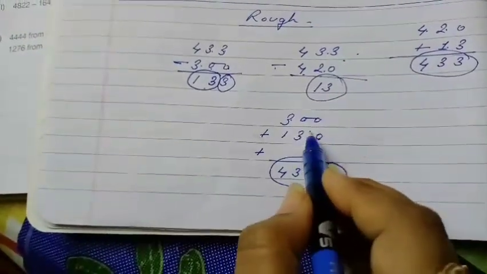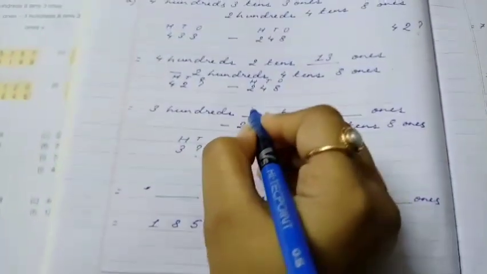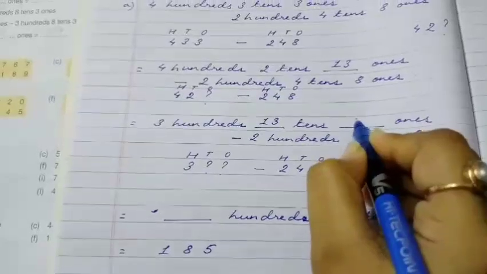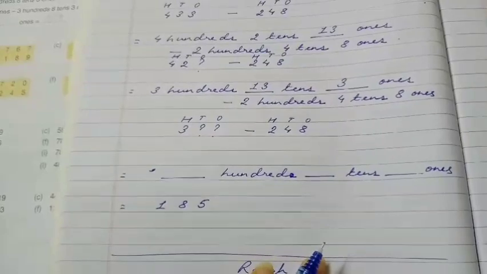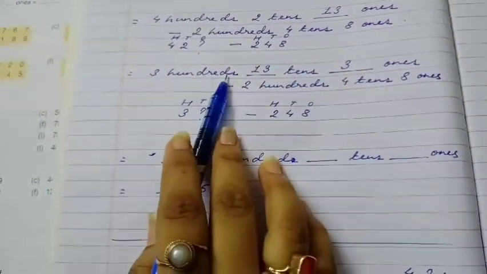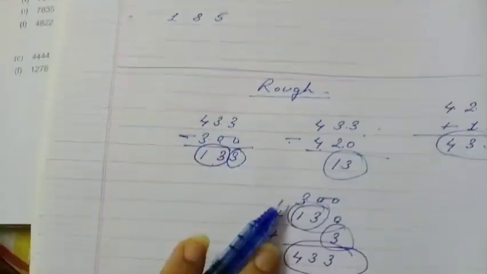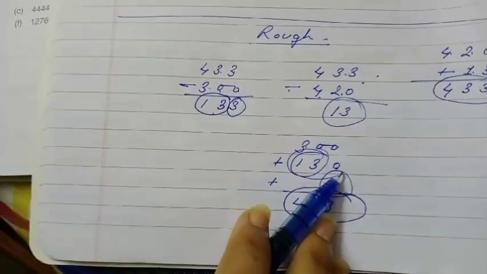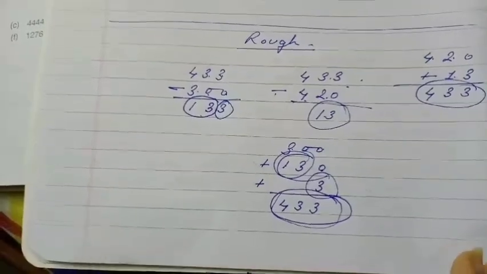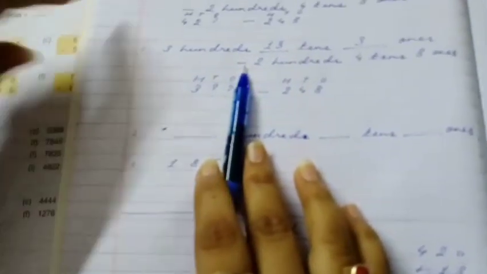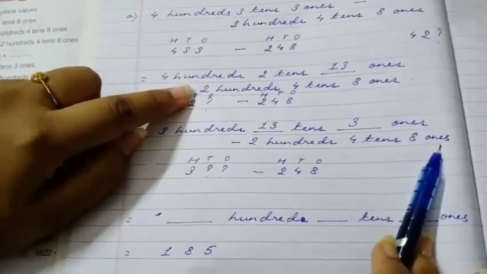So, what will I write? 13 tens, 3 ones. Please look at it very carefully. 3 hundreds, 13 tens, 3 ones. See here, 300, 13 tens means 130 plus 3 ones means 3. The total will come to 433. Minus same as the before one. 2 hundreds, 4 tens, 8 ones.